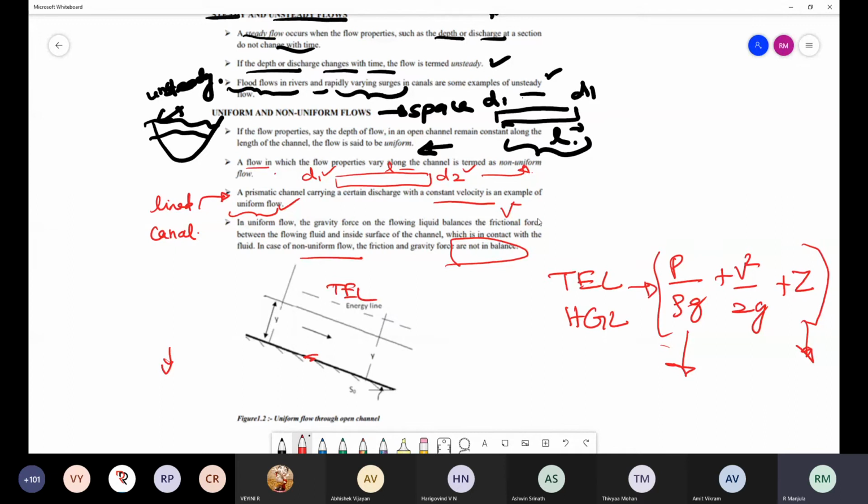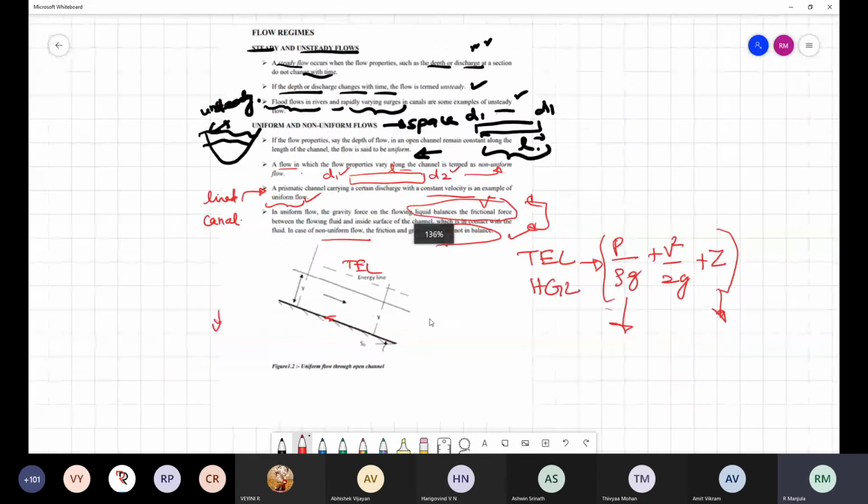In uniform flow, the frictional force and the gravity force acting on the flowing fluid are balanced. That is another major difference between uniform and non-uniform flow.